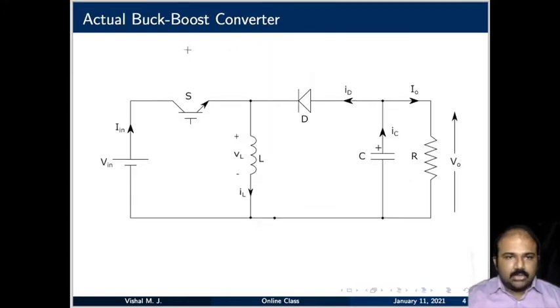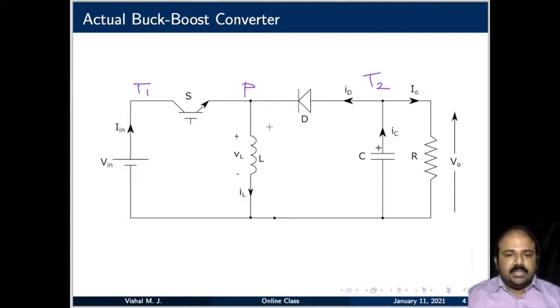So the actual buck boost converter looks something like this. The earlier SPDT switch has been realized using an IGBT and a diode. So in that sense, this becomes the pole of the SPDT switch, this becomes throw 1, and this becomes throw 2. At throw 1, you have connected the input voltage. At throw 2, you have connected the output load with a parallel capacitor, which acts as a voltage filter.